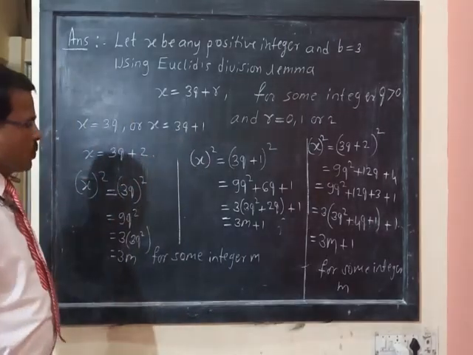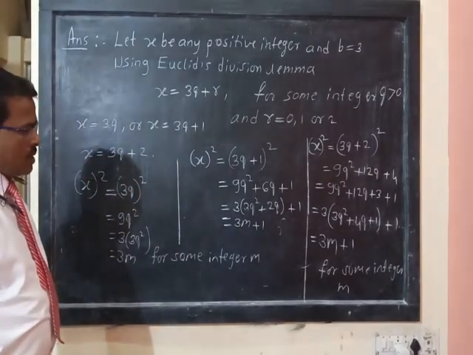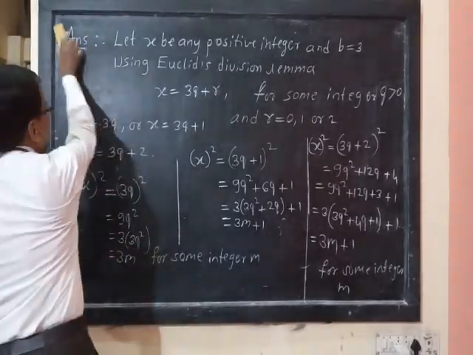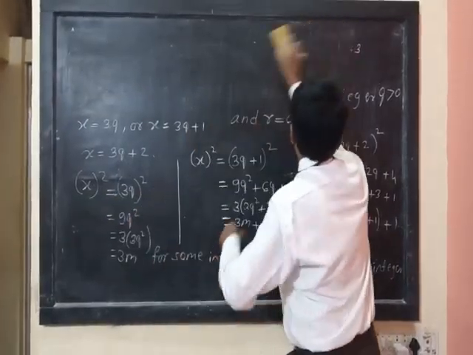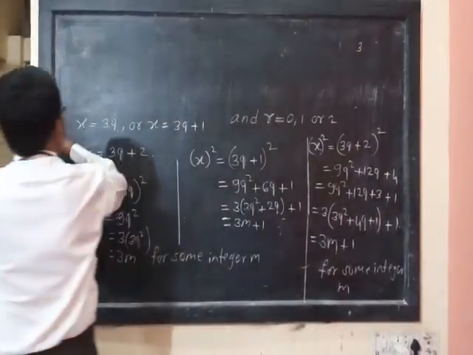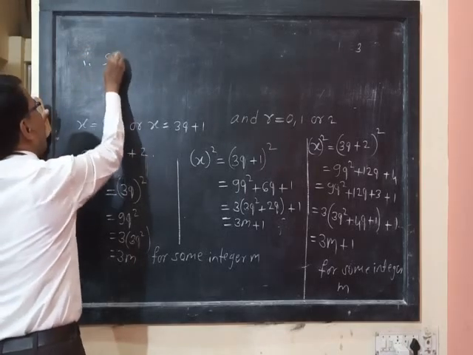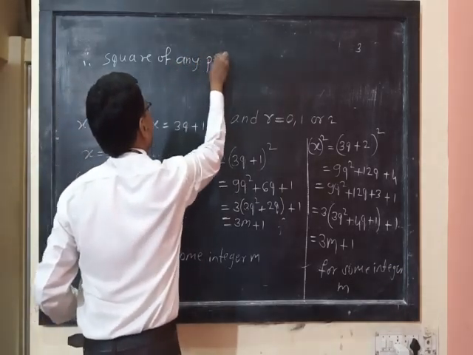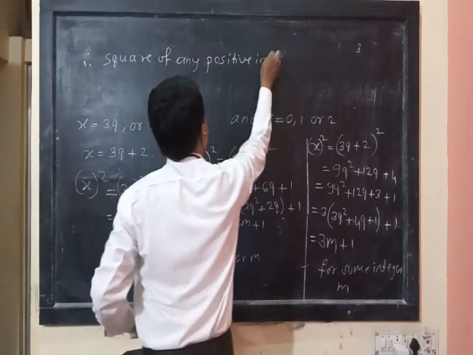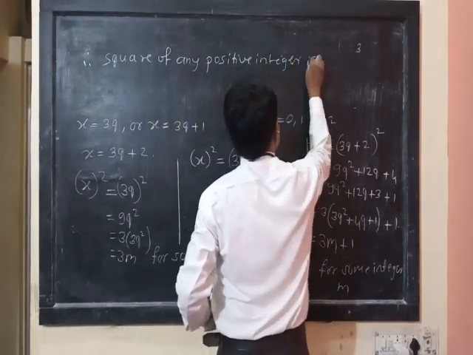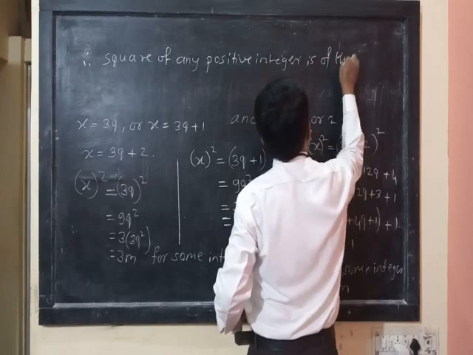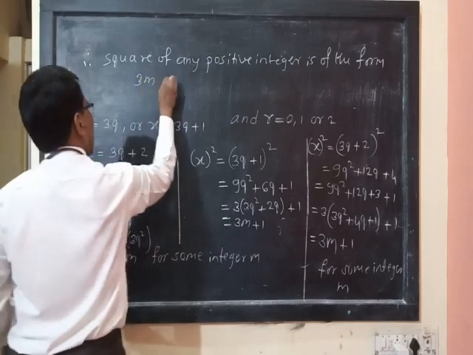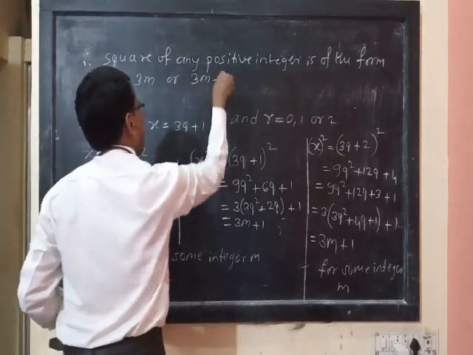Therefore, square of any positive integer is of the form 3m or 3m plus 1.